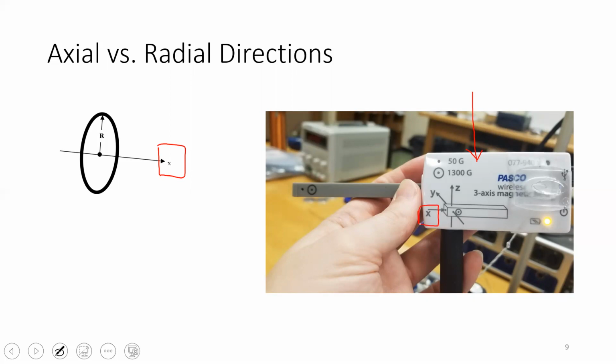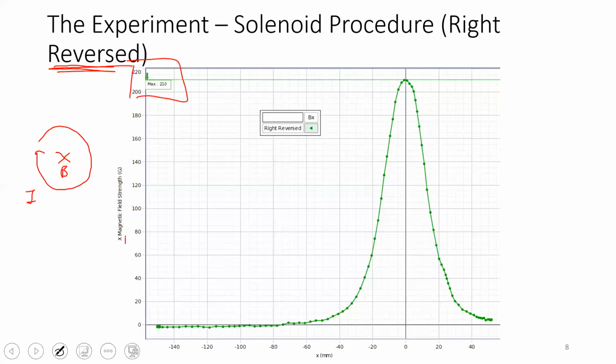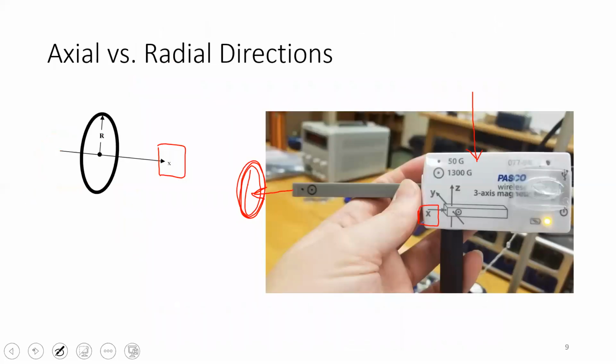If you can picture, I was dipping the sensor down into the coil of wire, right? This part went into the coil of wire, and I was measuring the axial direction. And if we look at our graphs, you can see that I was graphing the X direction, which is the axial. So our next procedure says we want to look at the radial direction.